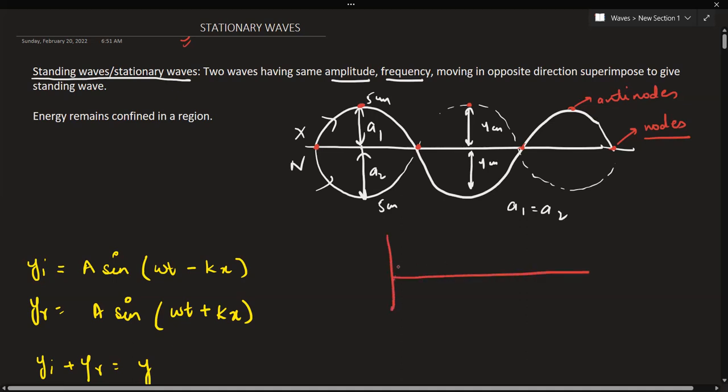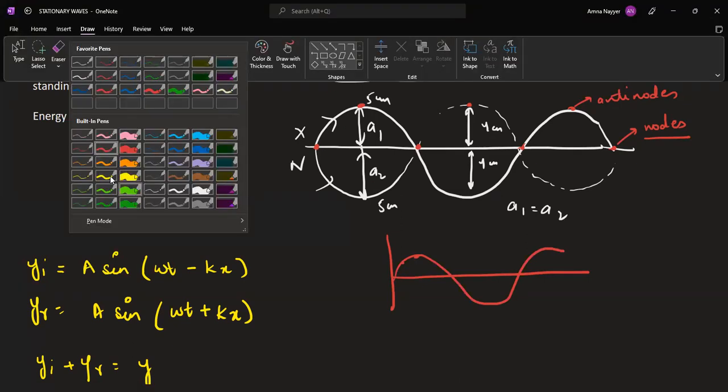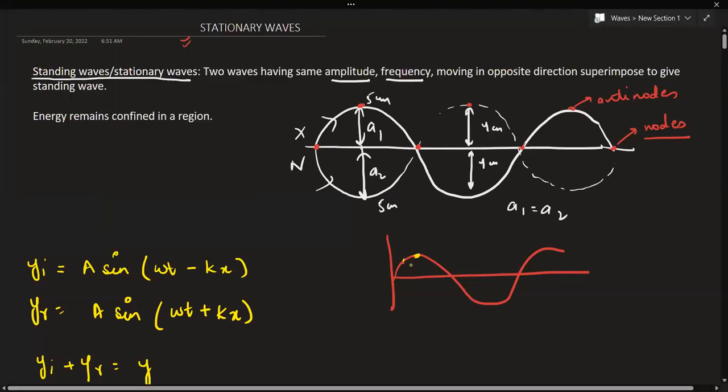Like if this is the wave, every particle that is present, let's say these are the particles present. Then all these particles except for these nodes, if you exclude all these nodes, then these will be executing simple harmonic motion.